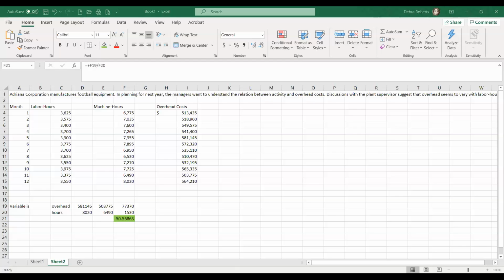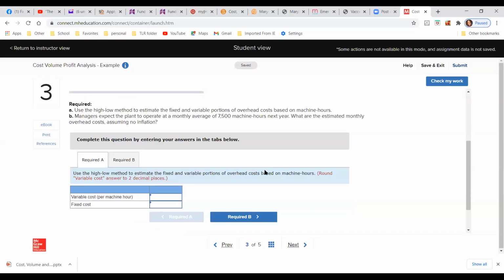Hold on a second. I'm going to stop my share and share again, but this time the actual Excel workbook in the homework manager. Okay. So the answer to number one is, what is our variable cost per unit? And we got $50, $56 and some change. Let me switch back here. $50.56. So hopefully that.